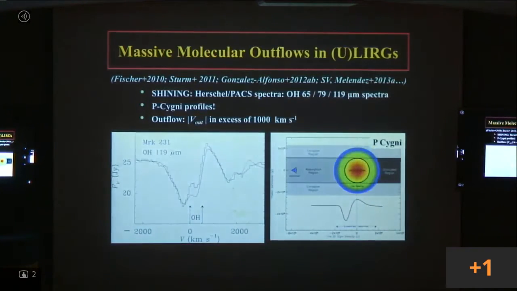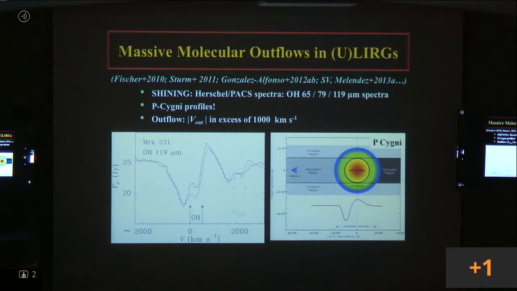Now, about the same time, Herschel was launched, and perhaps, arguably, one of the most surprising discoveries of Herschel was the discovery of P Cygni profiles in these same systems. This is, again, one example, Markarian 231. I've been showing only Markarian 231, but we now have 40 objects like this that show P Cygni profiles in ULIRGs. And this is looking at the OH 119 transition.